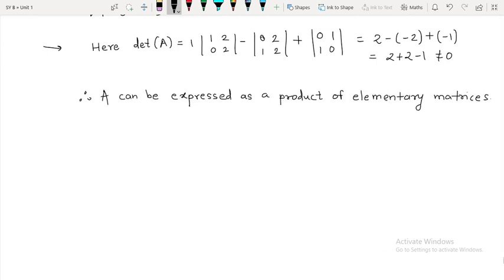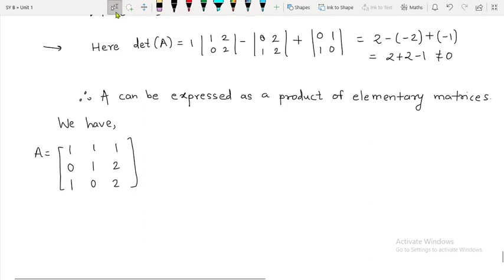So what is our A? Now let us go with the calculations. We have A equal to the square matrix 1 1 1, 0 1 2 and 1 0 2. What will be the first operation that we are going to perform?